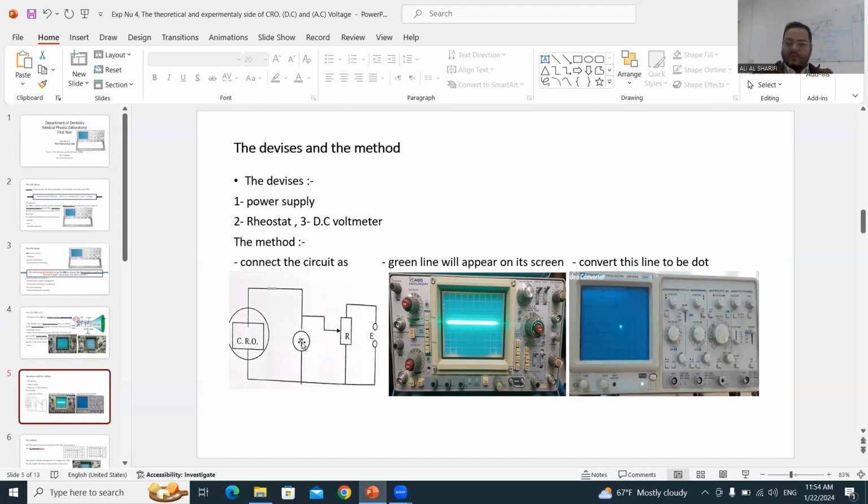The CRO device, the voltmeter will be connected in parallel, not in series, because it's not an ammeter. We connect it with the CRO, not with the power supply, to know what potential difference will pass to the CRO. Here it's a parallel connection, not series.